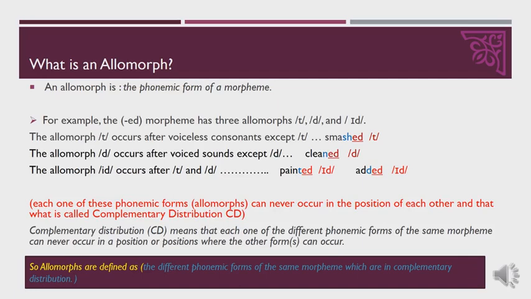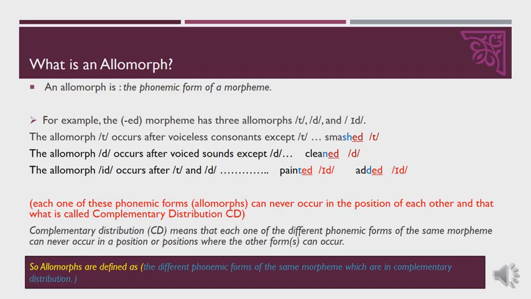These allomorphs, these phonemic forms, can never occur in the position of each other. It means that each one of these allomorphs can never occur in the position where the other allomorph should occur. Well, we have 3 allomorphs of the ed morpheme: te, de, and id.